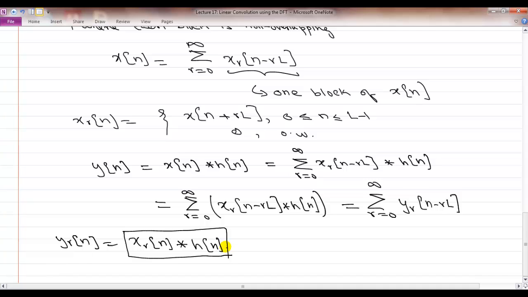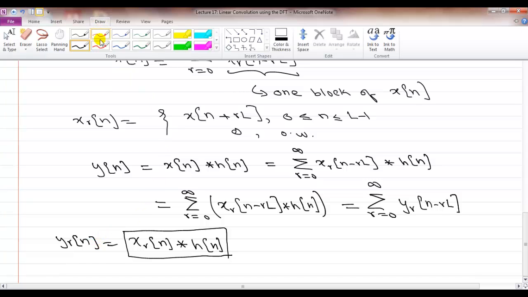But we have to be careful about one particular thing, which is that whereas the x_r's are of length L and you're shifting them by L amount, you have one piece of length L, another piece of length L, and there is no overlap between them. But what is the length of this y_r[n] for each r?